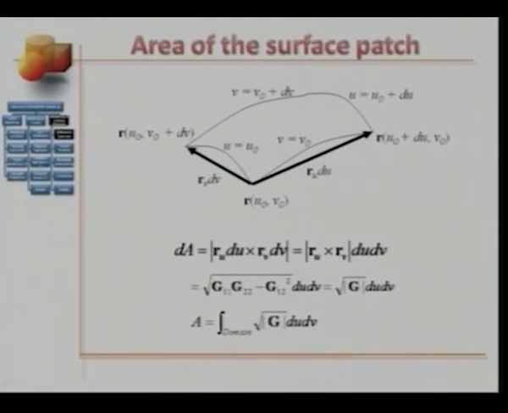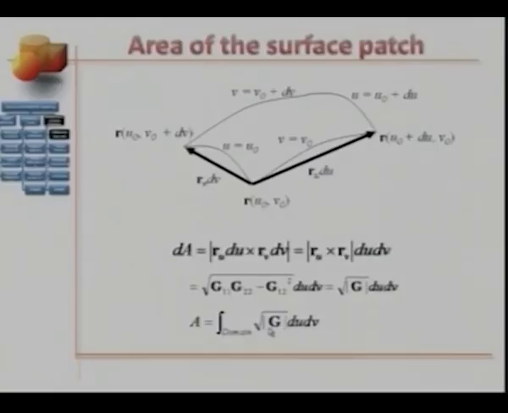You would also realize that it is the positive definiteness, or in this case in particular, the second principal minor of G, which is greater than 0, that allows the computation of the area of the surface patch.